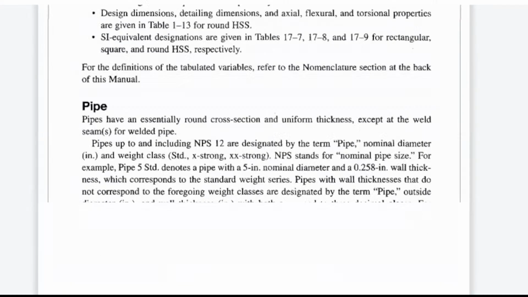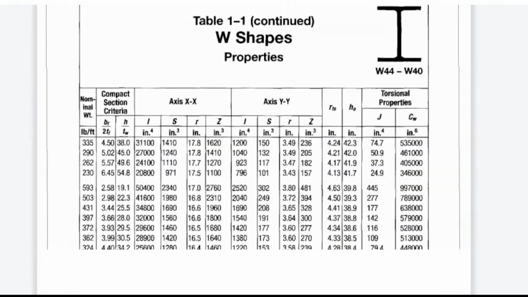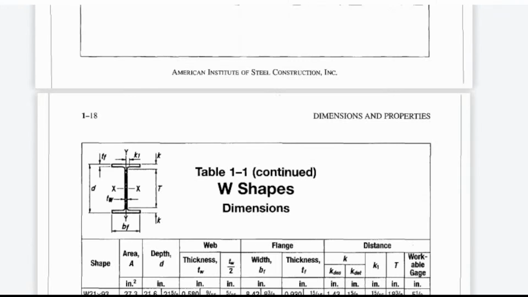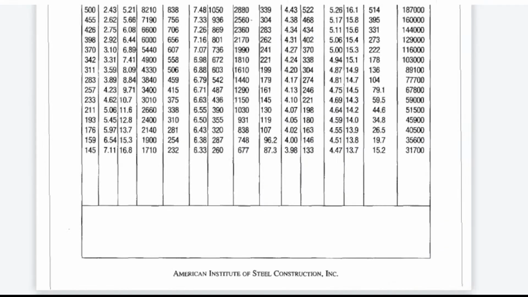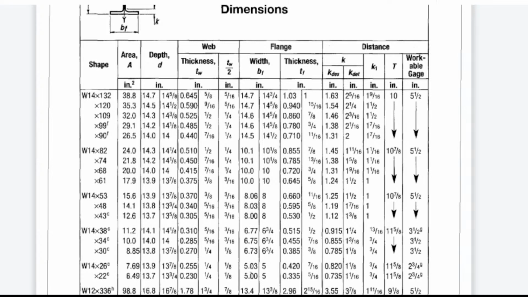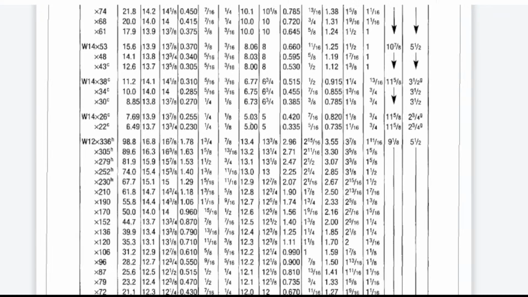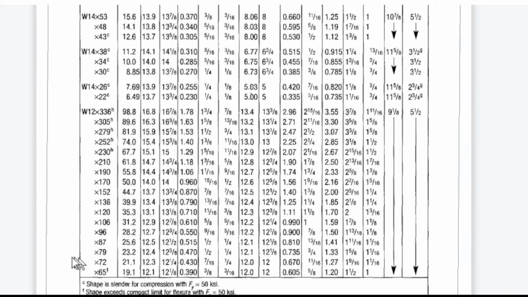Where is 12 by 72? Let us look at the table. So here we have 12 by 72.